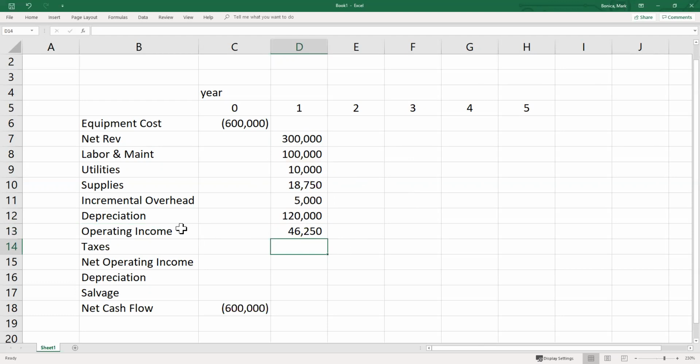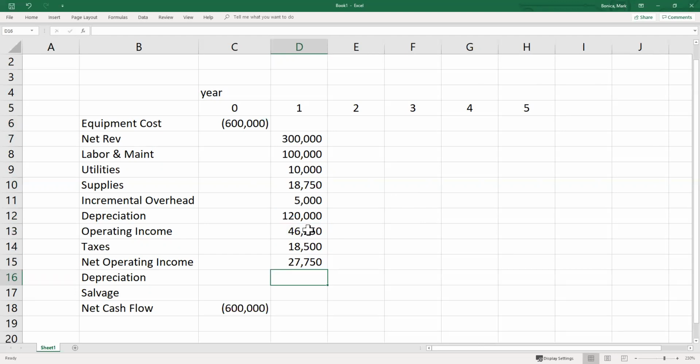Now for taxes: our tax rate is 40%, so we're going to pay 40% on our 46,000. That's 0.4 times the operating income, which is 18,500. To get my net operating income, I subtract the taxes from my operating income, and my net operating income is 27,750.